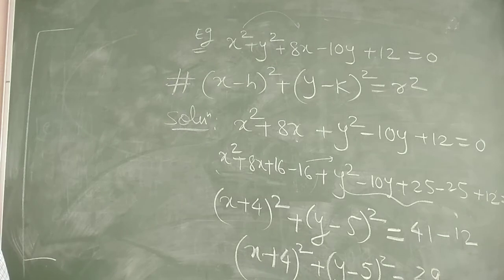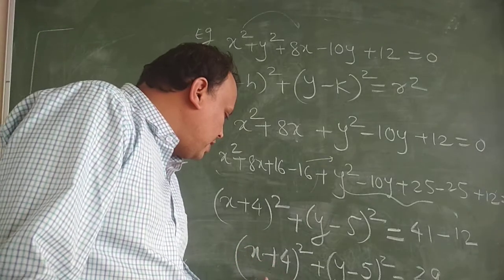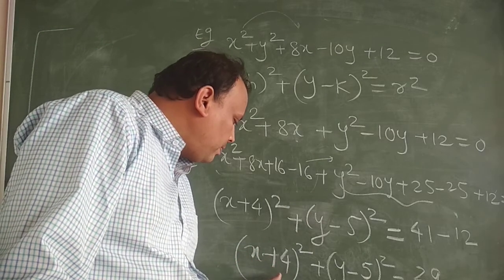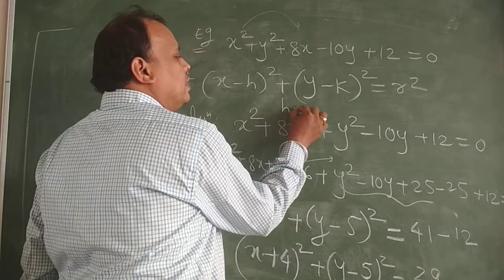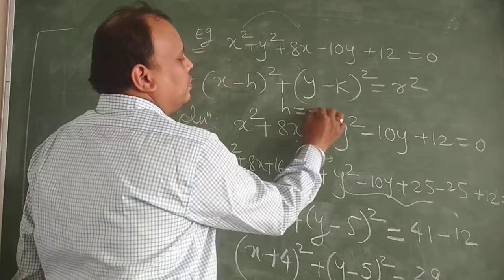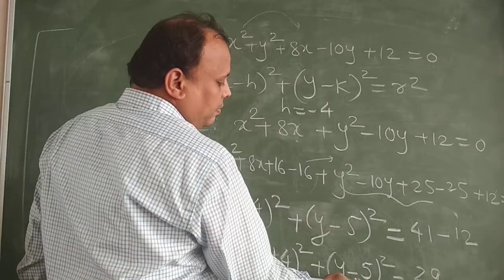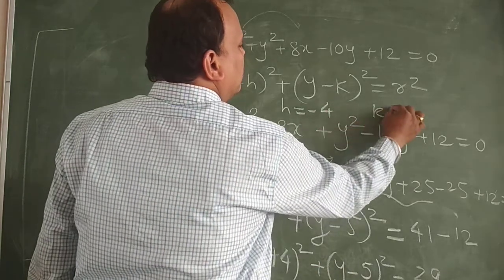Okay, so we need to understand that the center is of the form x minus h. What is the value of h over here? The value of h is minus 4. The value of k is directly 5.